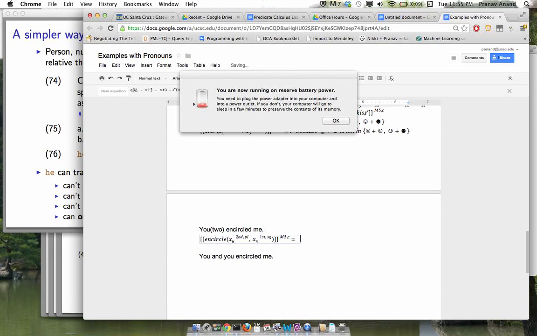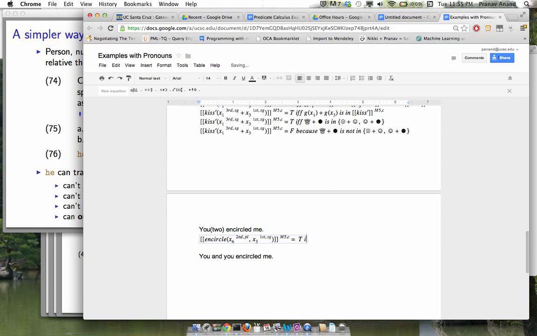And then this is true, if and only if we're dealing with an ordered pair being in the semantic value of encircle prime with respect to M5 and C. Okay, and so we're dealing with 2 of these.